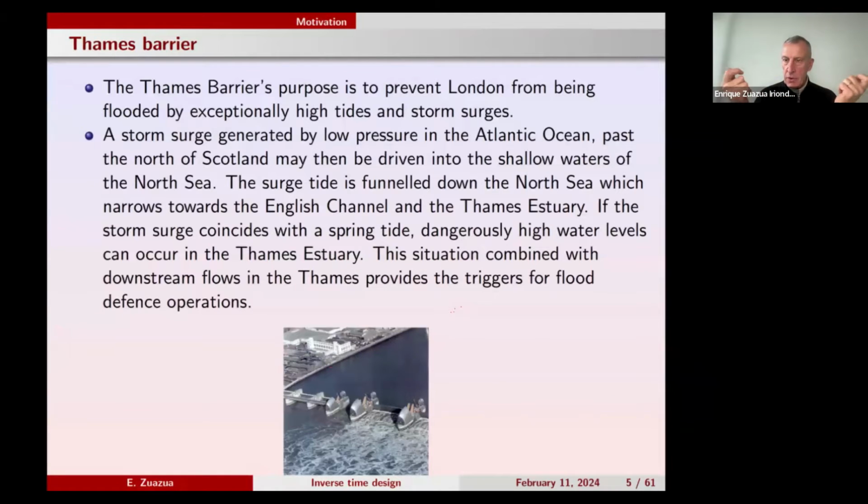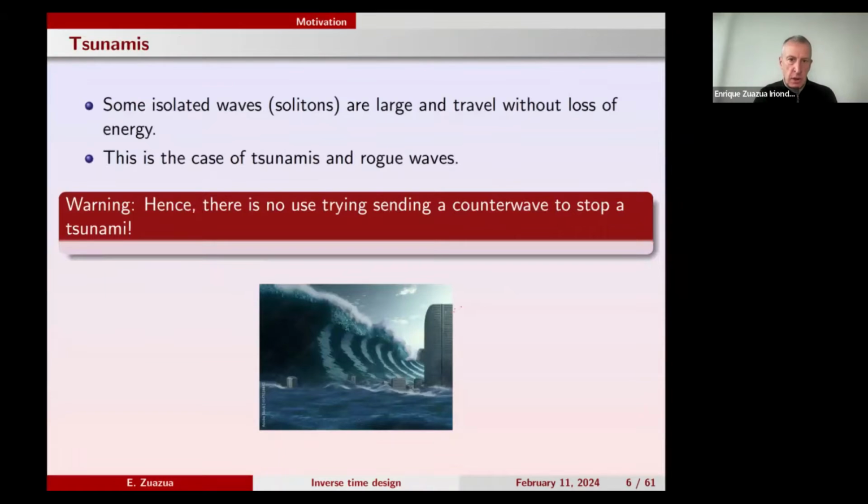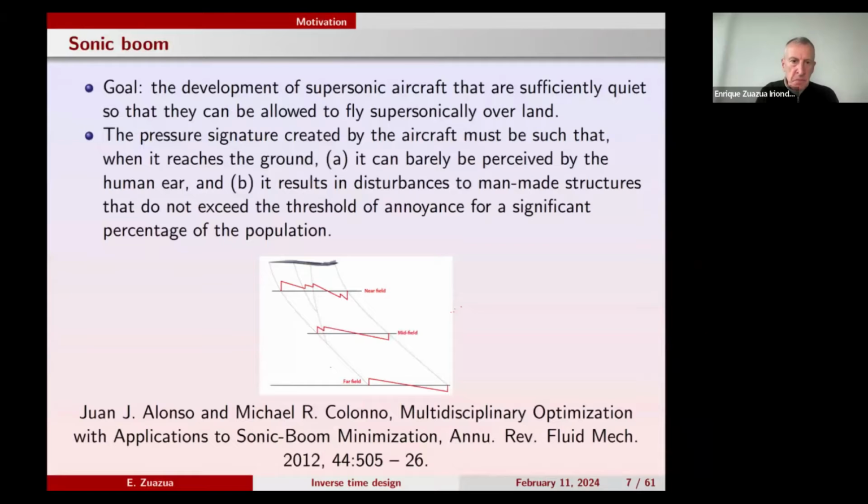So therefore, the decision of closing the barrier is very critical, and again, it is kind of an inverse design problem in order to figure out what the impact could be in case this massive amount of water gets to the Thames estuary. The origin of tsunamis is again another time inversion project.